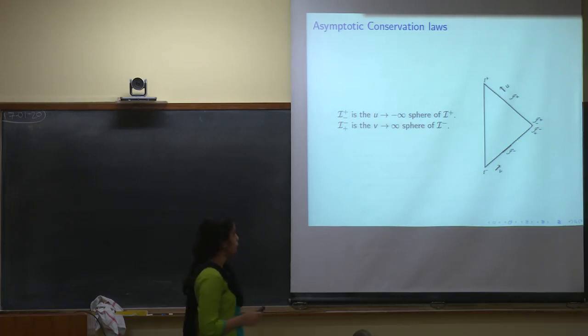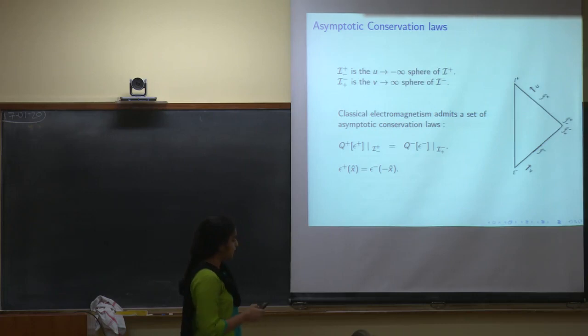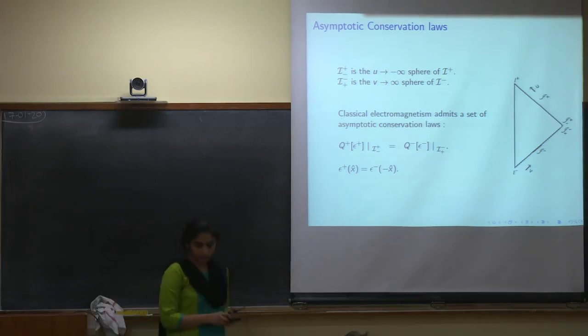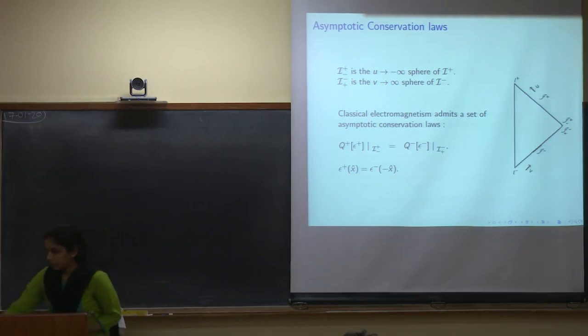And typically asymptotic conservation laws are stated like this, where this Q plus is defined at chi plus minus, and this Q minus is defined at chi minus plus, and this is the antipodal matching between the two quantities. So typically the charges look like this.